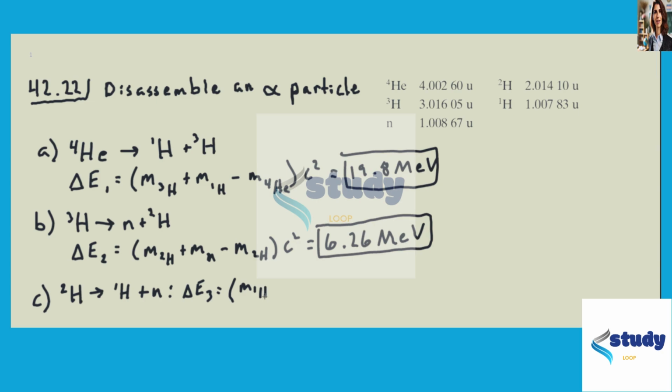So we have the mass of our hydrogen-1 product plus the mass of our neutron product minus the mass of the hydrogen-2 we started with, times c squared, and this is 2.23 mega electron volts.